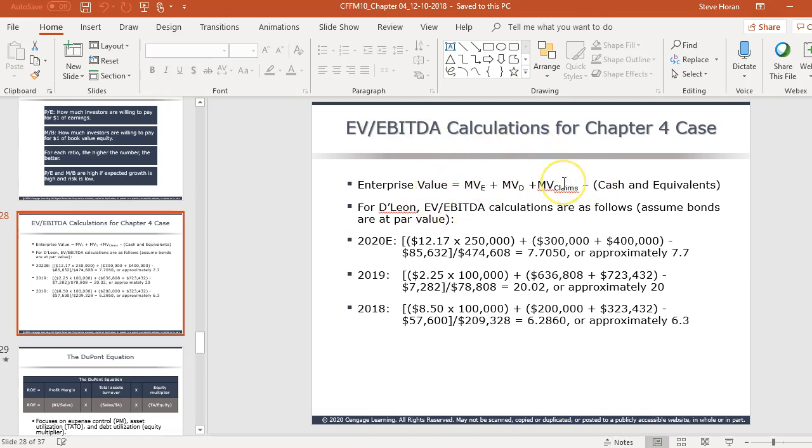There's a case that I'm not requiring you to do, but I just want to show you at least how to get to the EV calculation. So EV is enterprise value, and then we divide that by EBITDA, and then you can see how they get down to some numbers here. And you can see in 2020, 7.7, and in 19 and 18, it was 6.3.